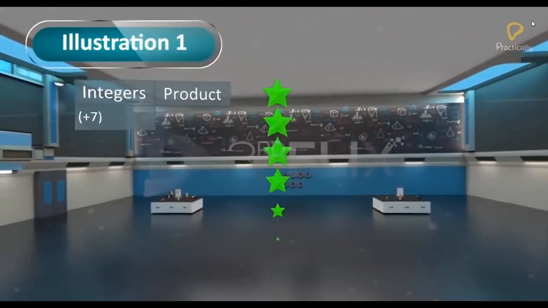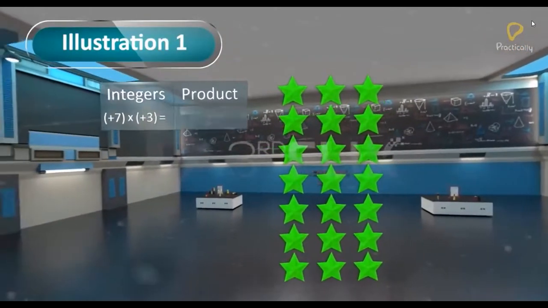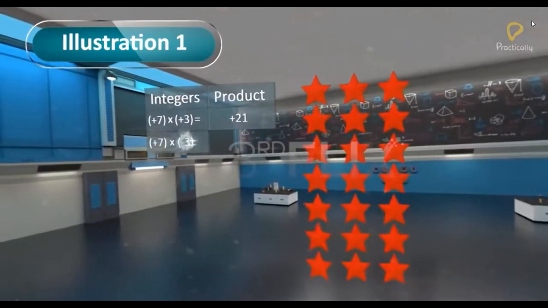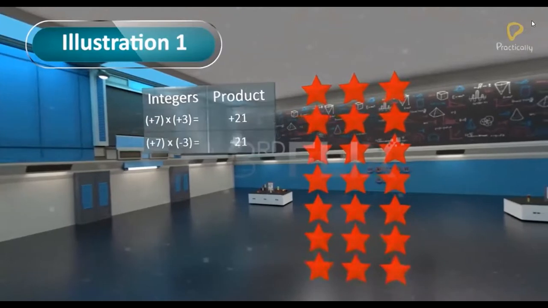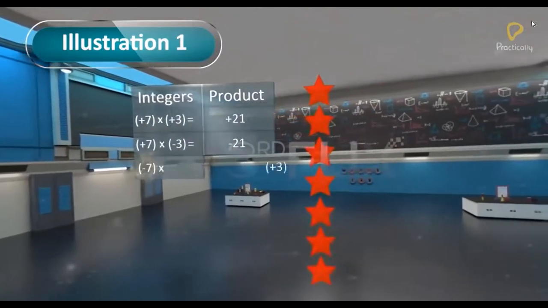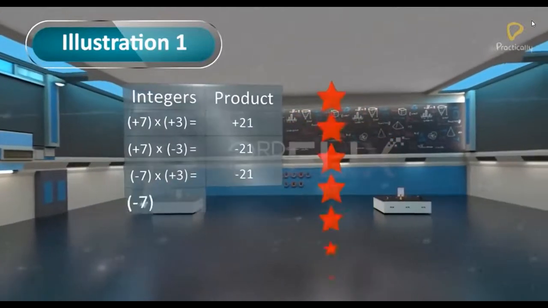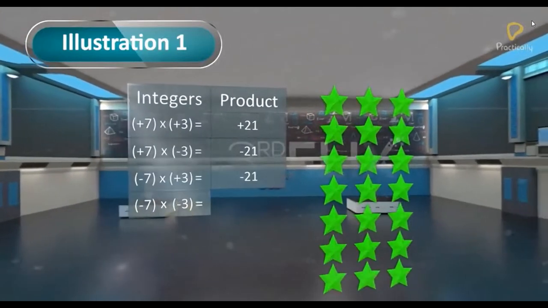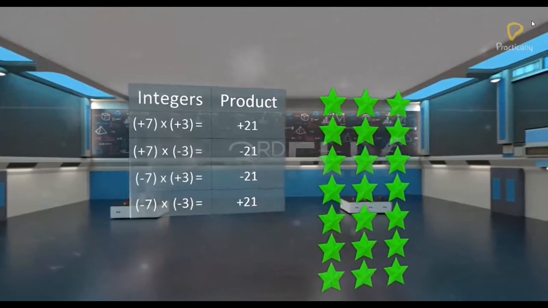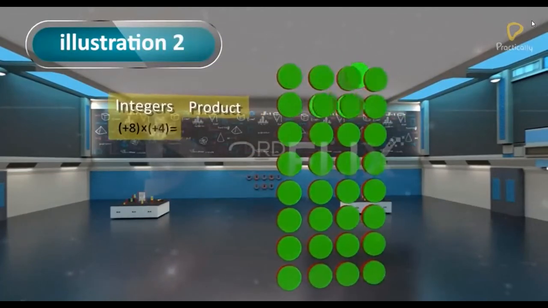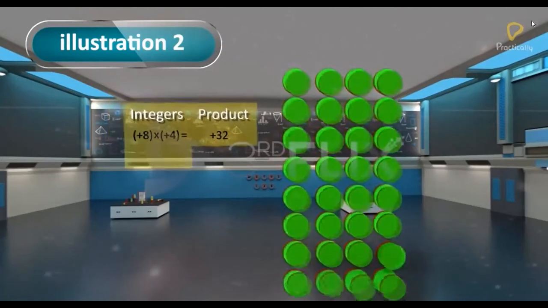Illustration 1. Plus 7 into plus 3 equals plus 21. Plus 7 into minus 3 equals minus 21. Minus 7 into plus 3 equals minus 21. Minus 7 into minus 3 equals plus 21. Illustration 2. Plus 8 into plus 4 equals plus 32.